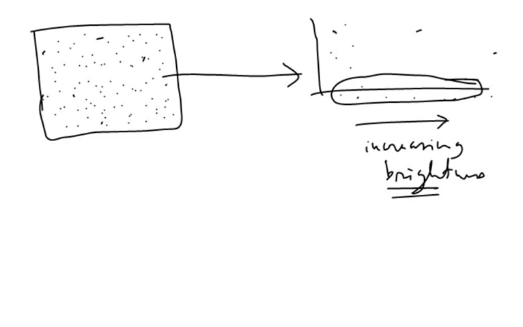Now, before I proceed forward with this quantification, it is important to know that a star, say this star for example, might look bright to us for two reasons. One is it is intrinsically bright, and another is it is closer to us, right?